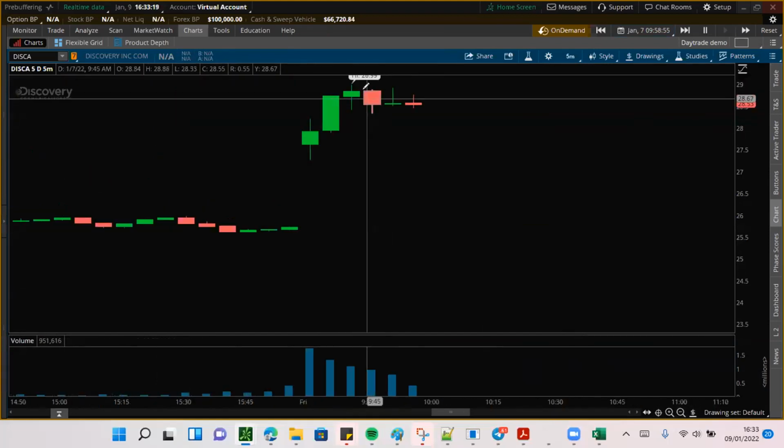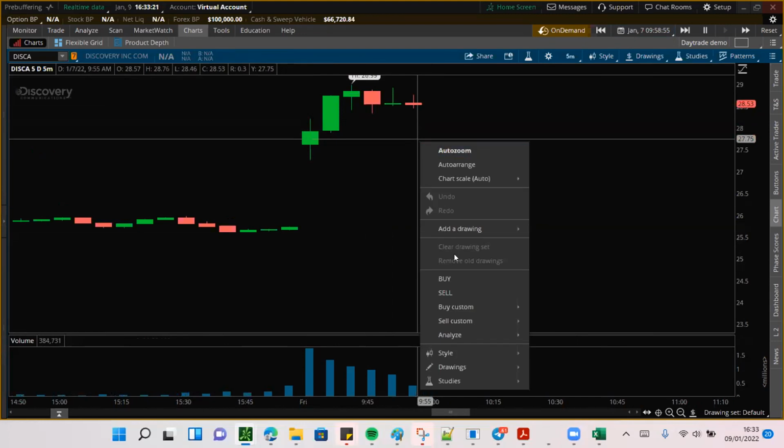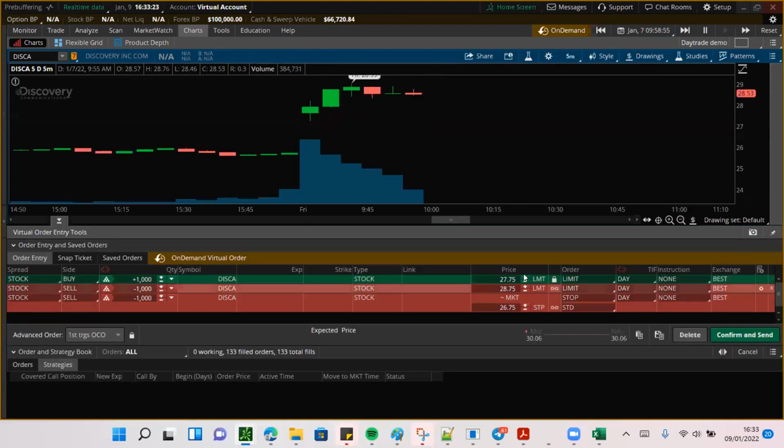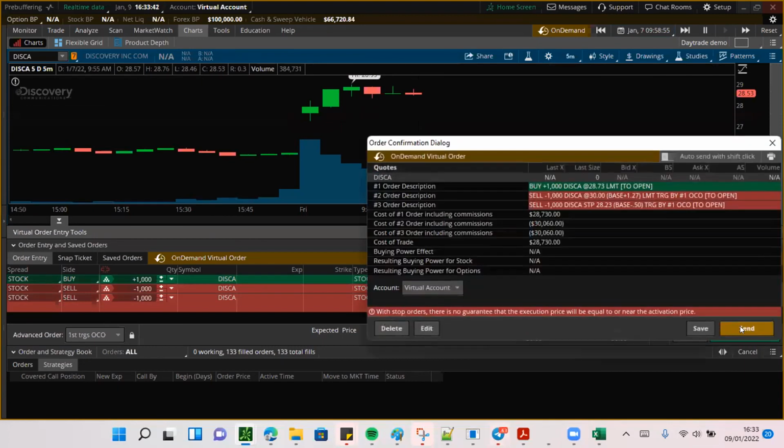The stock has reached this limit. So I'll just place the OCO order. I want to buy it at 28.73 and I want to sell it at $31. Or let's assume I want to sell at $30 and I want to take a stop loss at 28.23, and then I'll just place the trade.